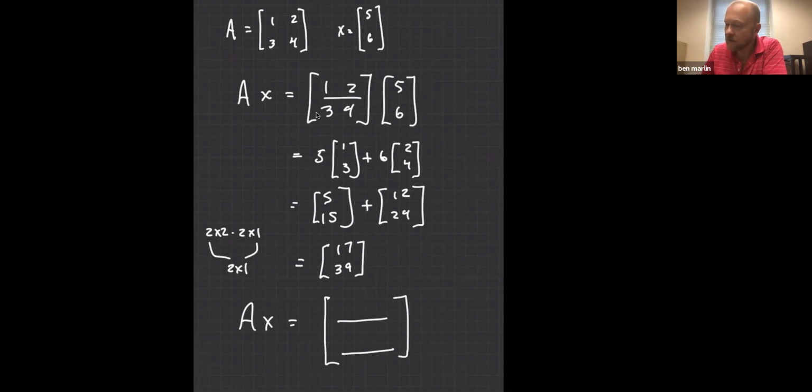So I dot it with 1, 2, and then I have 5 plus 12, and then I dot it with the 3, 4, and I have 15 plus 24, and I get the same result. Either way you want to think of it is totally and completely fine.